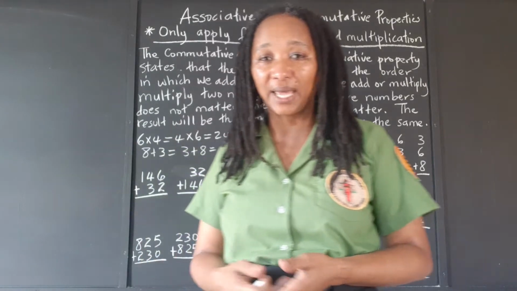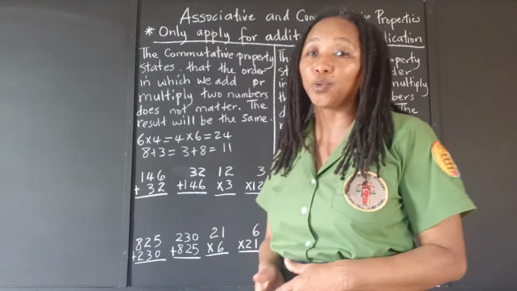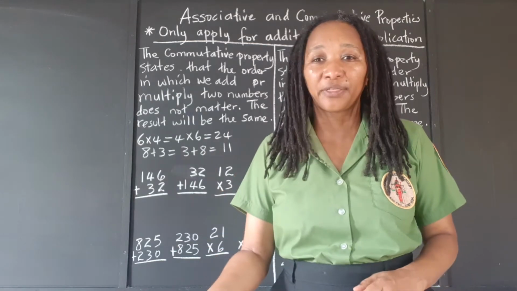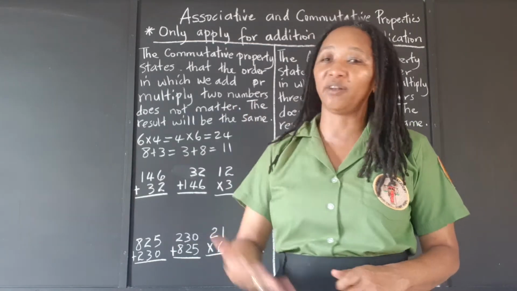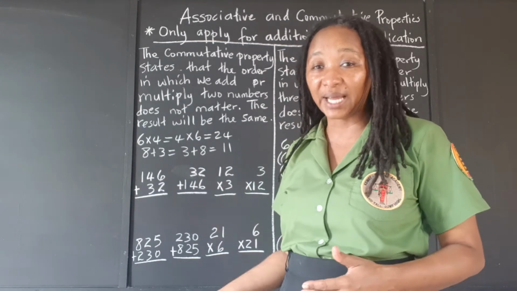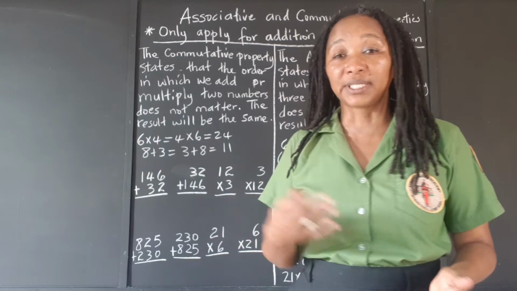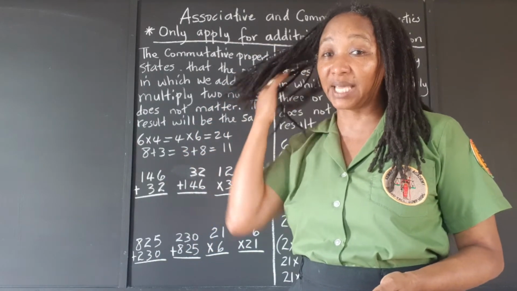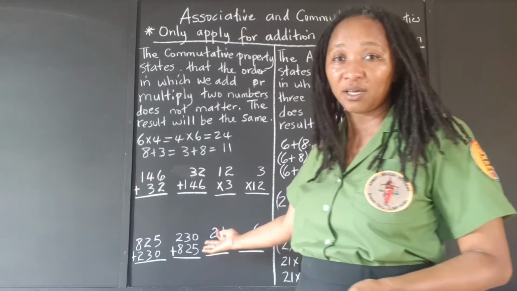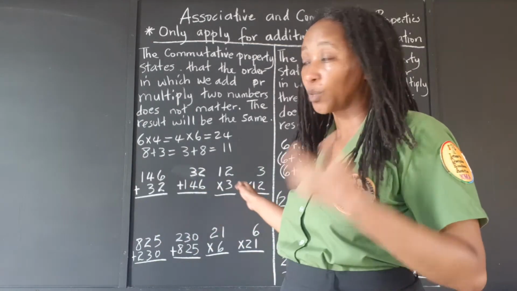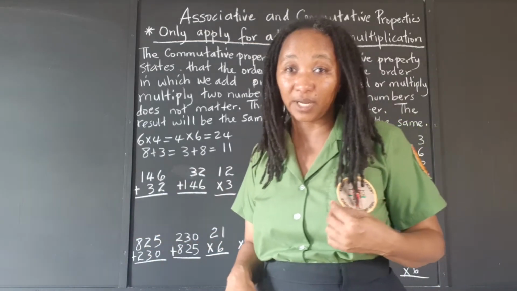It's simply saying when you're adding two numbers, for example, if you're adding 12 plus 16, whether you start with the 12 and then add 16, or you start with the 16 and then add 12, the result should be the same. And we're going to test it to see if this is really the case. We're going to prove whether or not that's the case, right?